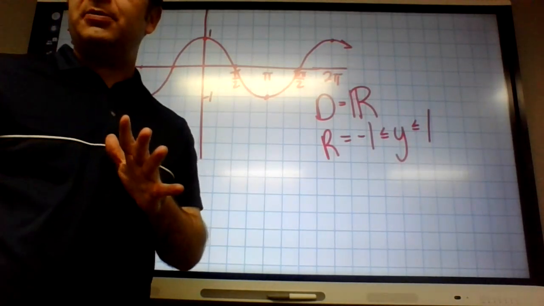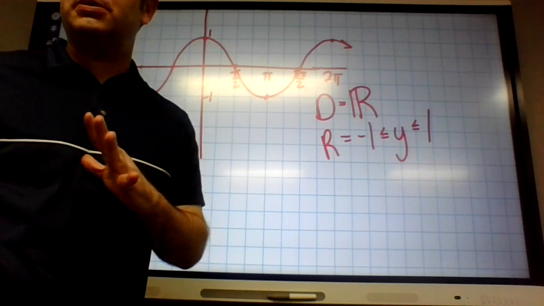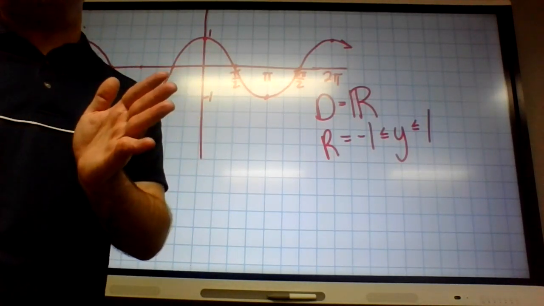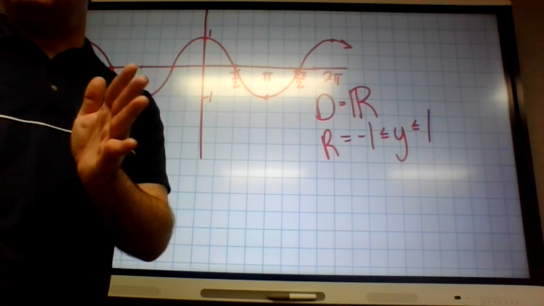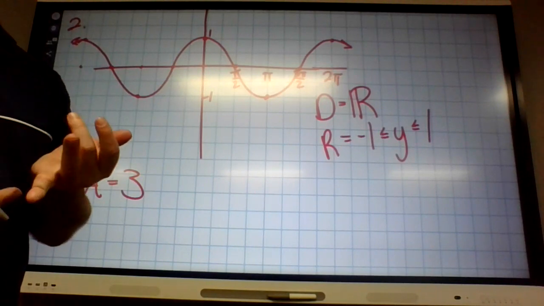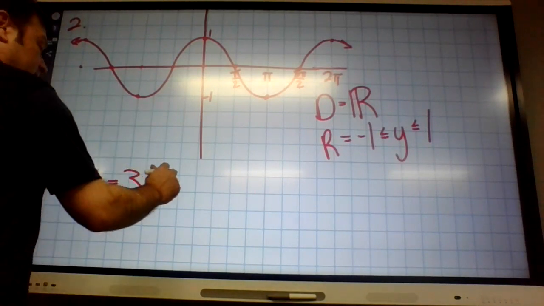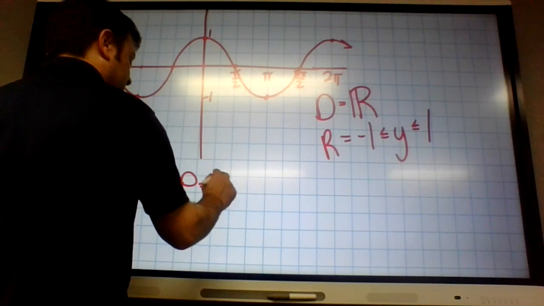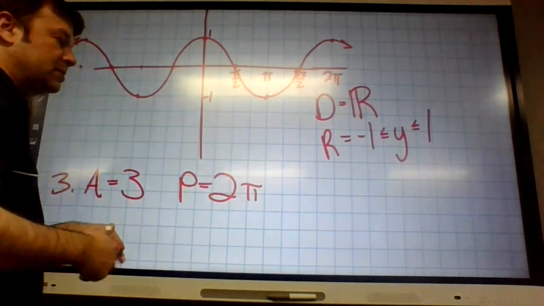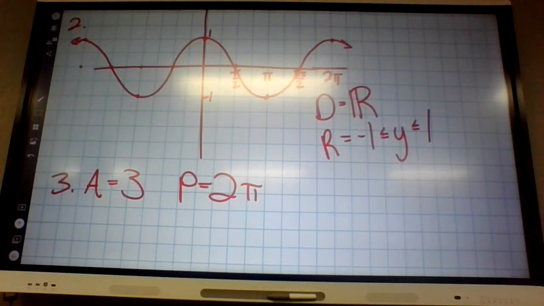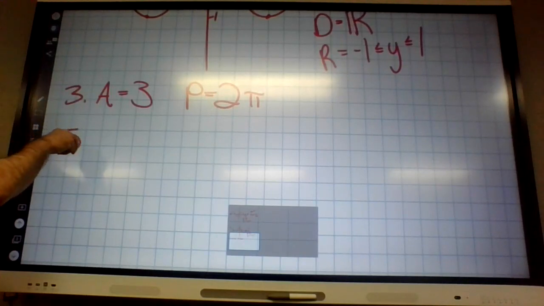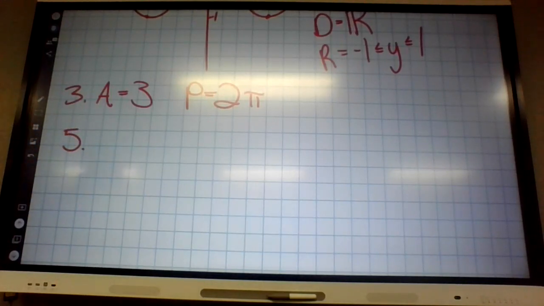How far does it get before it starts going up through the middle again? Pi? No, it's going down through the middle at pi. 2 pi. So it's just like my number 1, basically a sine function that's taller. The period is 2 pi because it takes 2 pi units before it starts repeating itself.